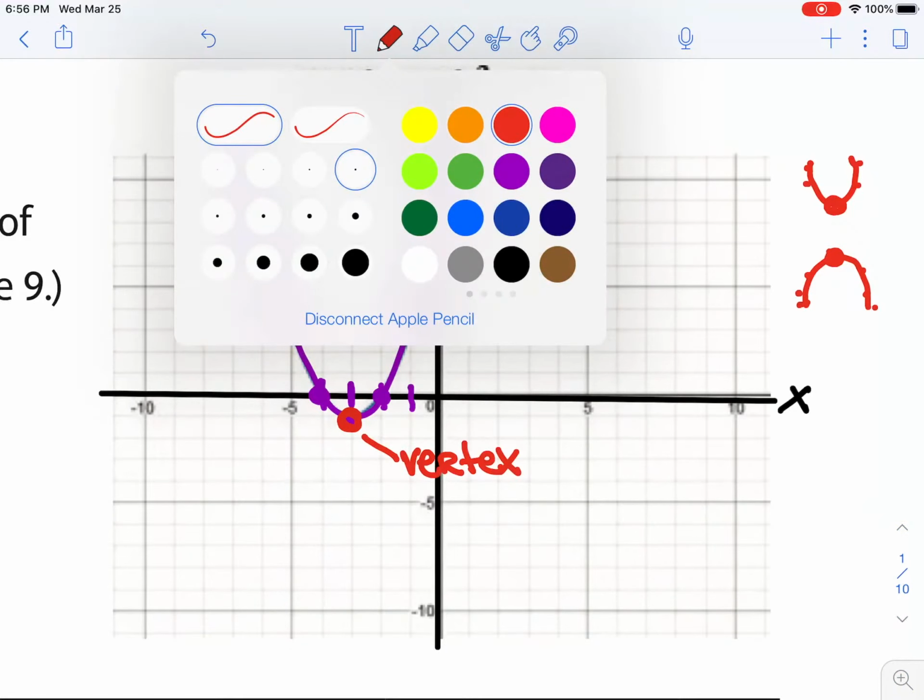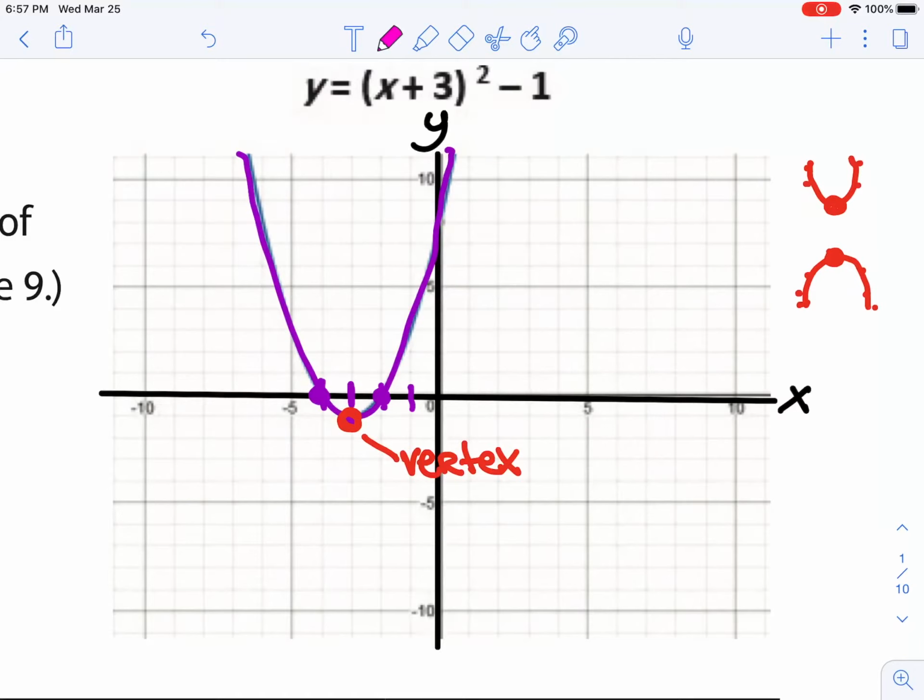Then you're going to draw a line down the center. That line down the center folds this in half. And when we fold something in half, it's called symmetry. So this is shortened to our line of symmetry.